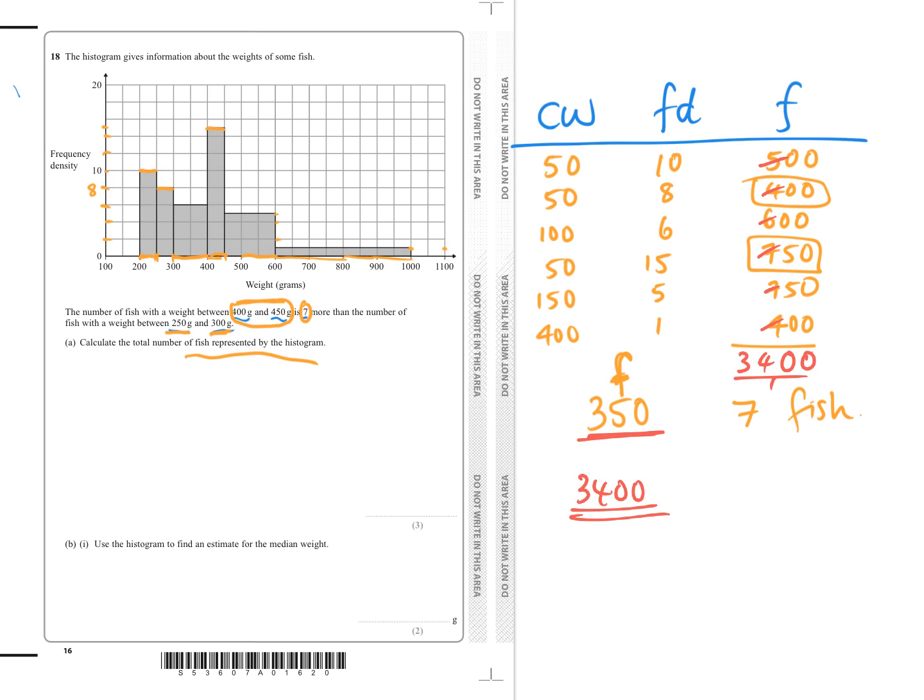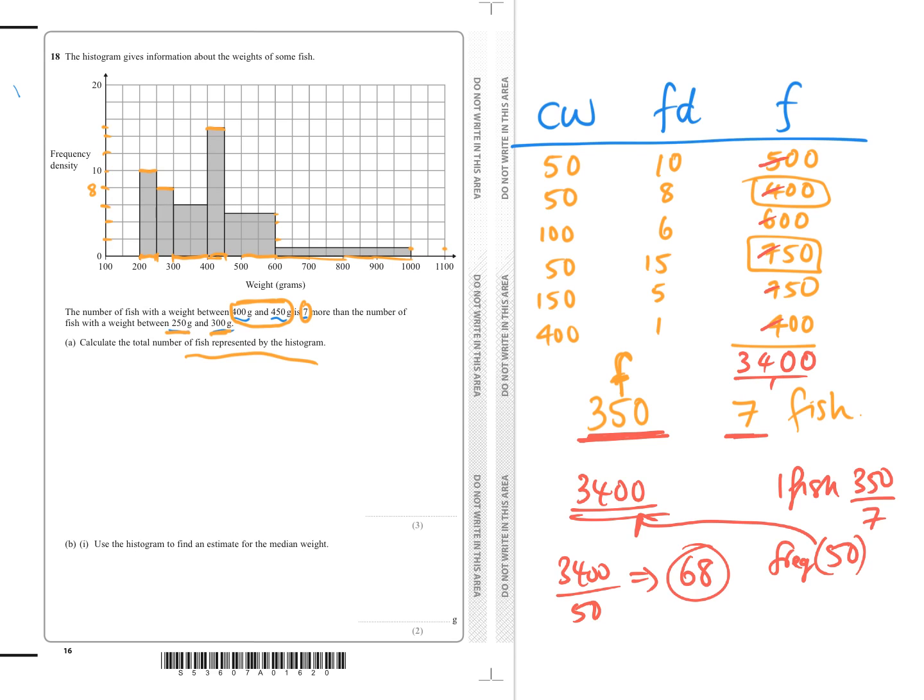Now from this information, a frequency of 350 was 7 fish, so 1 fish would be 350 divided by 7, which is a frequency of 50. So how many 50s go into 3,400? Well, you can use your calculator and you'll get 68 fish. So I would say 68 fish for this part here.